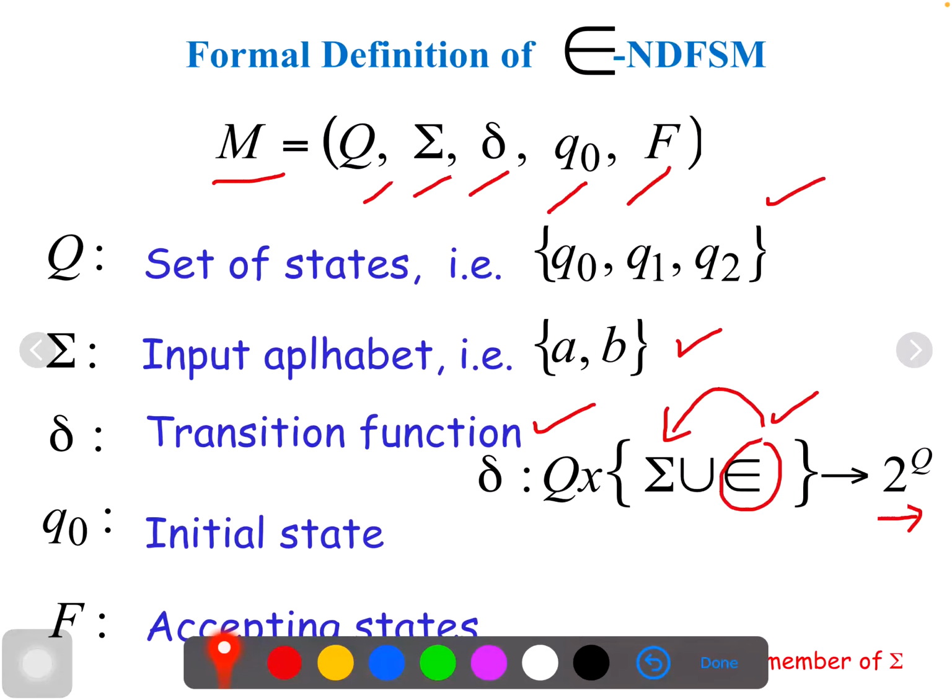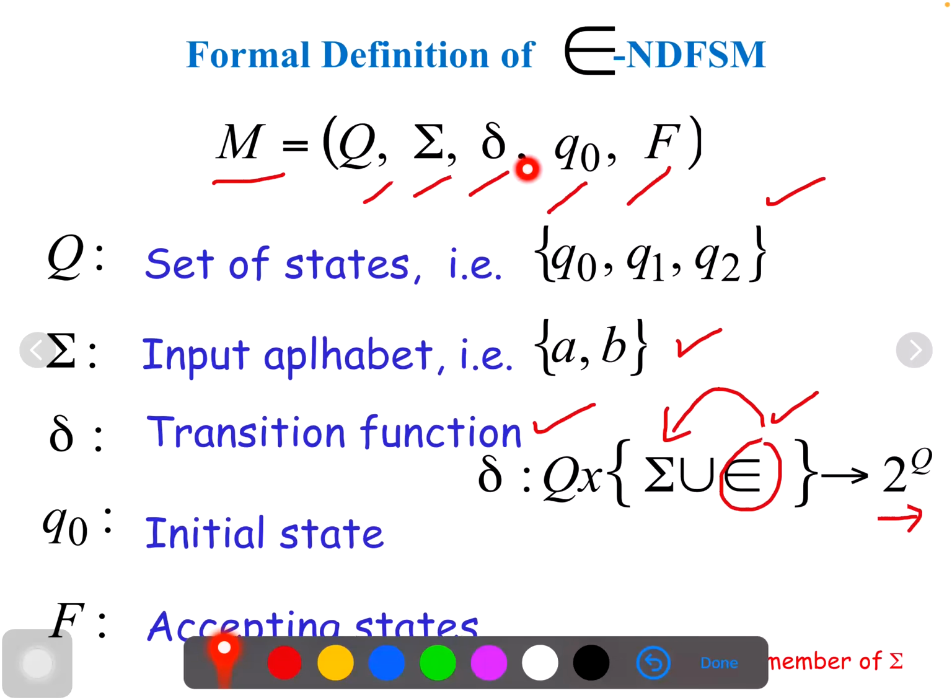One similar point to notice is that this M, the 5 tuples, remains the same for DFA, NFA and epsilon NFA. The only difference is in delta, the transition function.